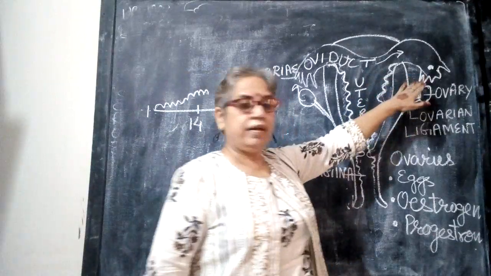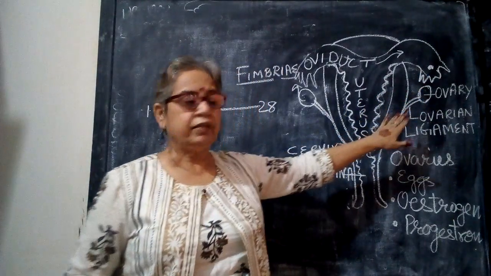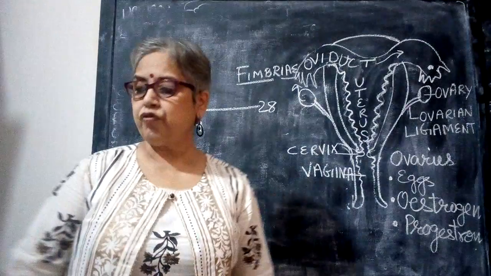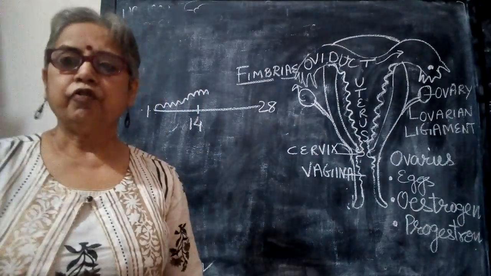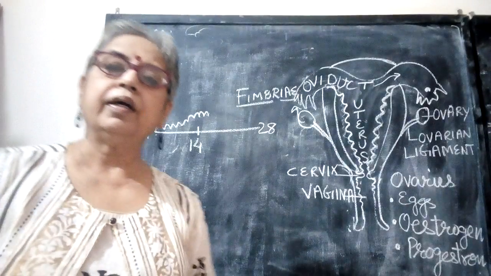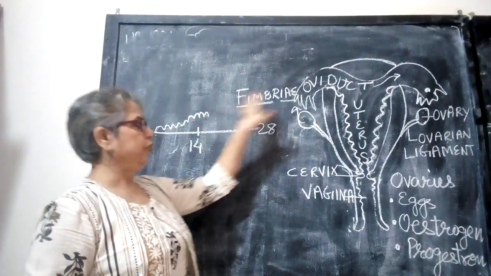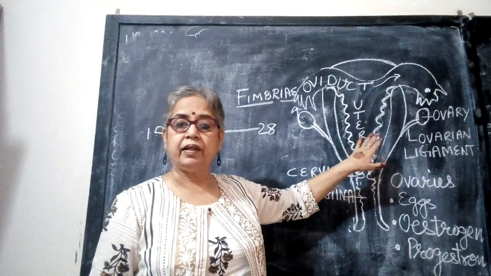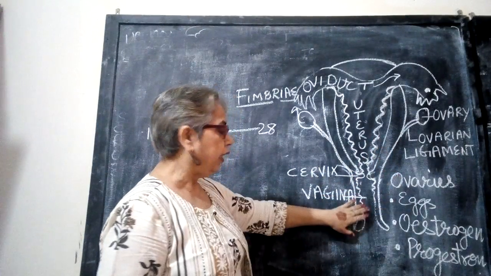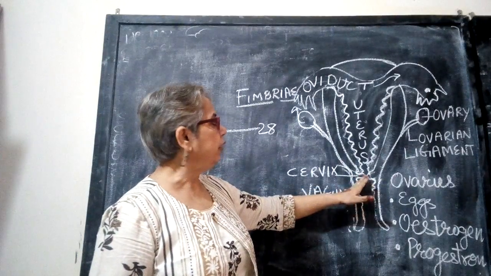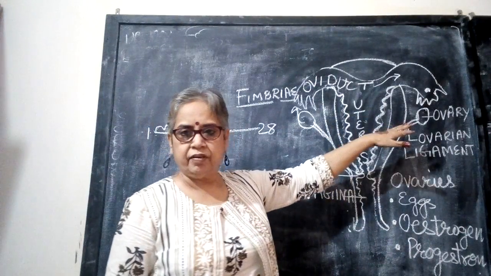When the egg has entered the oviduct on day 14, it waits for the sperm for about 72 hours, right? If sexual intercourse takes place at that time of the month, and sperms are there in the vaginal tract, they travel on both sides.